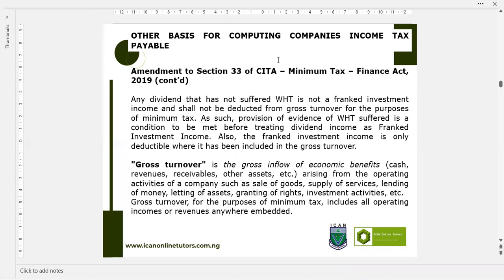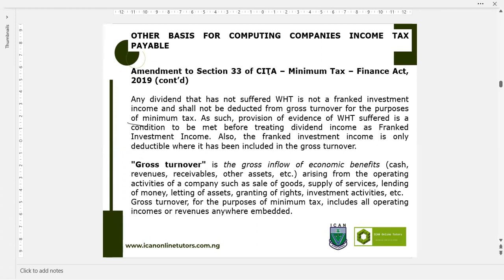Still on the amendment to SITA, any dividend that has not suffered withholding tax is not frank investment income. Please take note. Any dividend that has not suffered withholding tax at source shall not be considered as frank investment income, and shall not be deducted from gross turnover for the purposes of minimum tax.